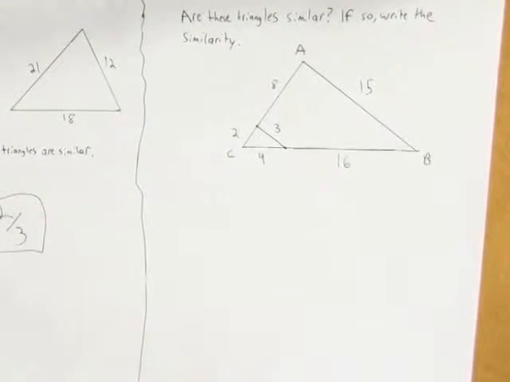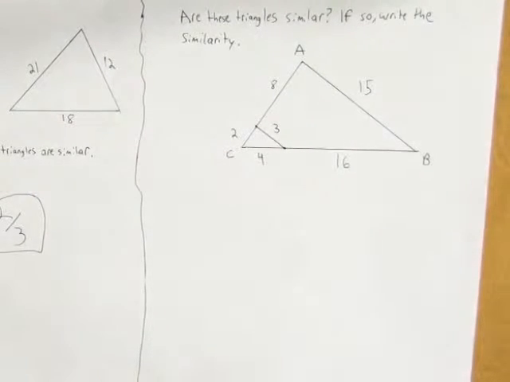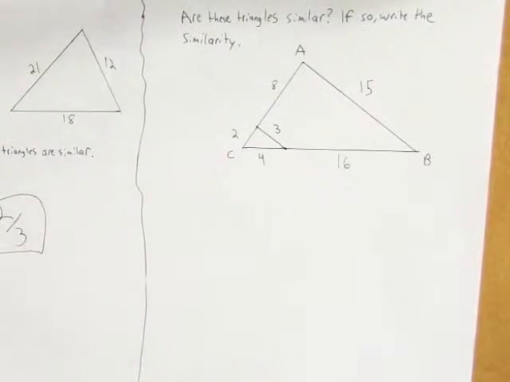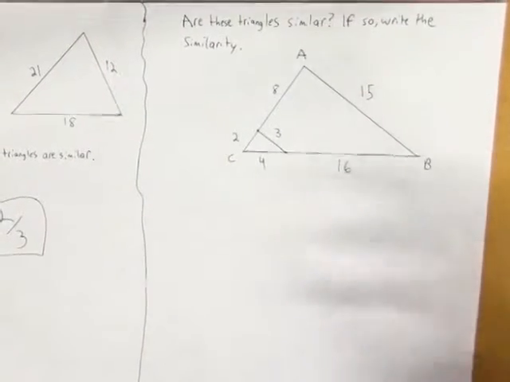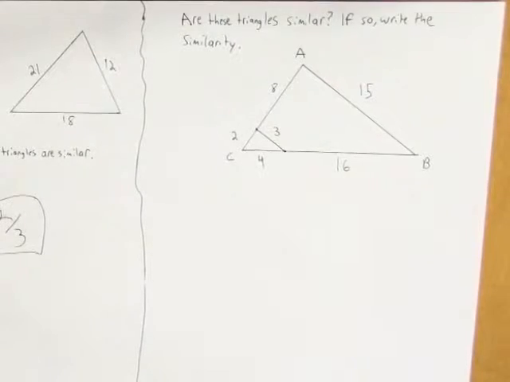Now on to the next example, asking if these two triangles are similar, and if so, we can write the similarity. They don't give us any angles again, so by proving that the pairs of sides are proportionally equal to each other, we can prove that these two triangles are similar.